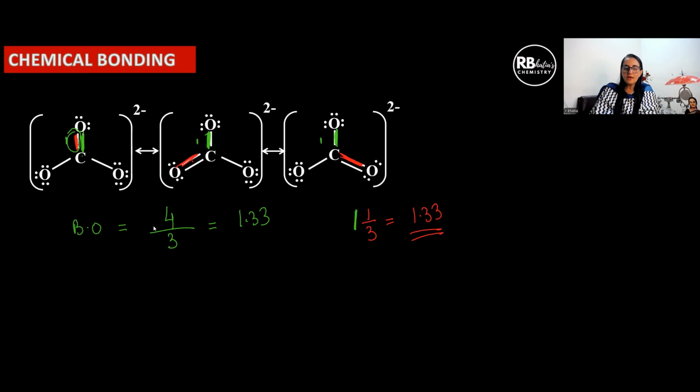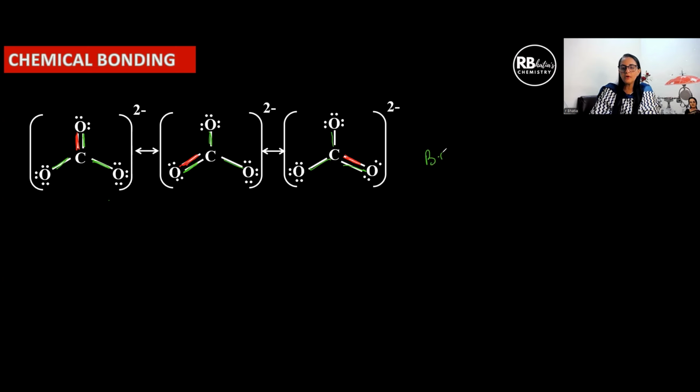I repeat, either you calculate bond order by the formula or divide this one double bond over 3 positions, because each position definitely has one single bond in each of the 3 structures. So each bond is going to have bond order 1, plus this multiple bond, the second bond, is divided over 3 positions. So towards each, its contribution is 1 by 3.